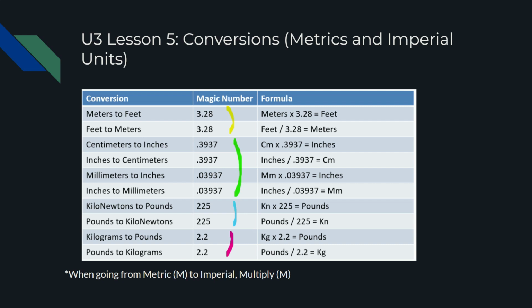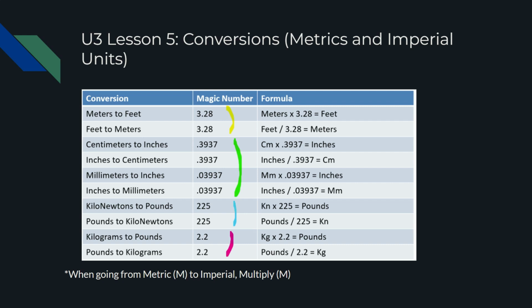A very good trick that got me through a lot of headache on remembering, when do you multiply, when do you divide, is when you're going from metric to imperial, you multiply. M to M. I mean, if you start with an M, then you got to use an M. So if you start with metric, you're going to use multiplication.